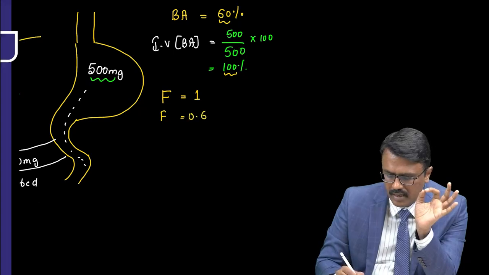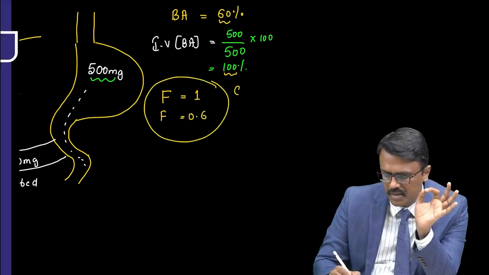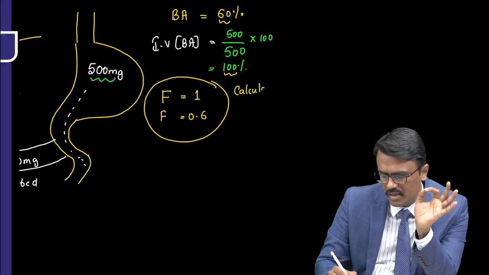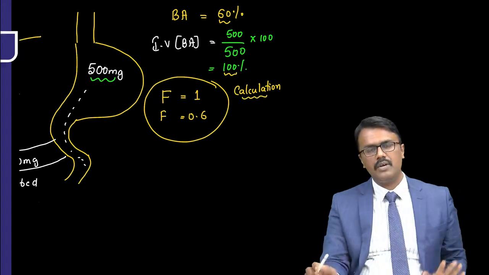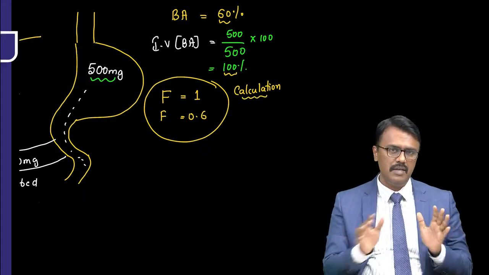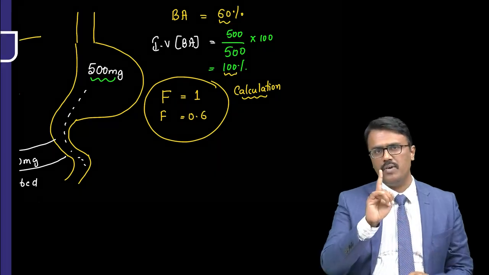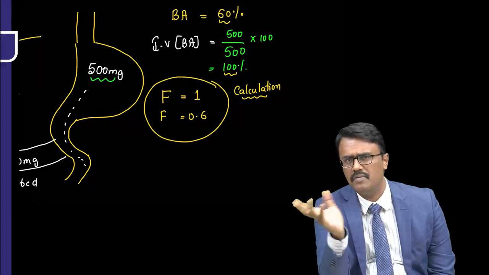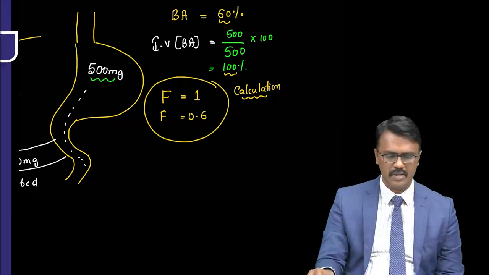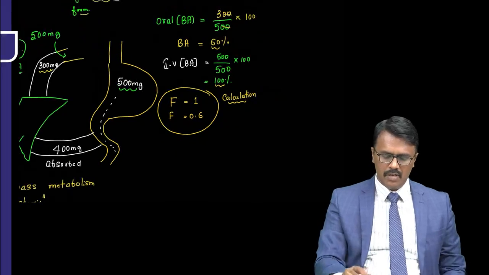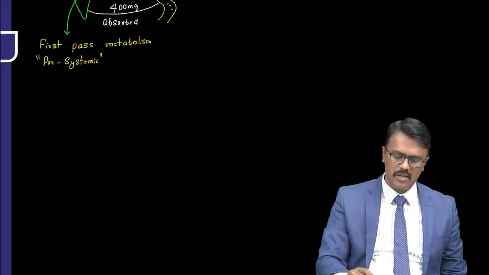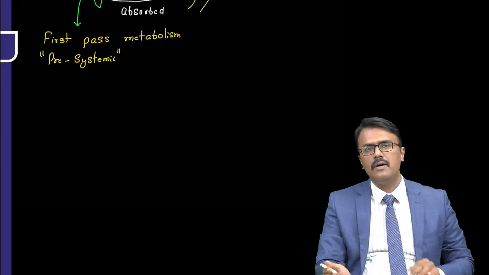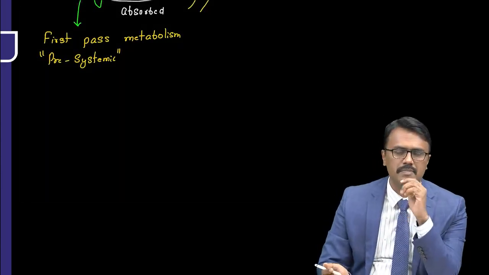This is for the calculation part. I will teach you the calculations later, and you need to keep this in your mind. So for calculation purposes, if the bioavailability is 100%, F is 1. 60%, 0.6, 50%, 0.5. That's it. Easy.